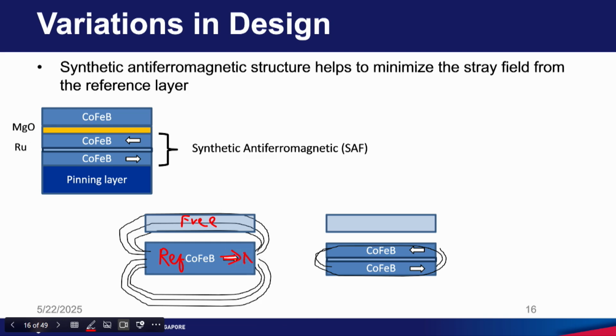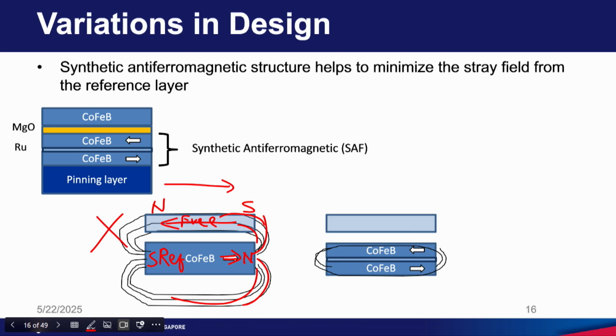So, this is like north pole, south pole. So, you know that this will generate a magnetic field. Okay, so, this magnetic field can interfere with the free layer magnetization. Okay. So, if this is north pole, the free layer having this kind of magnetization is preferred than free layer having magnetization in this direction. Okay. So, anti-parallel direction is preferred than parallel direction. Okay. This we do not want.